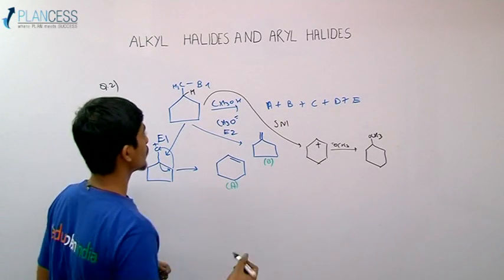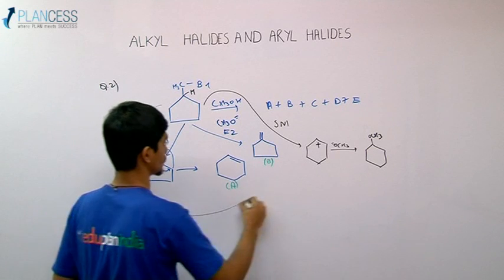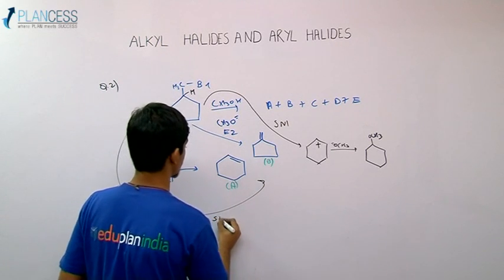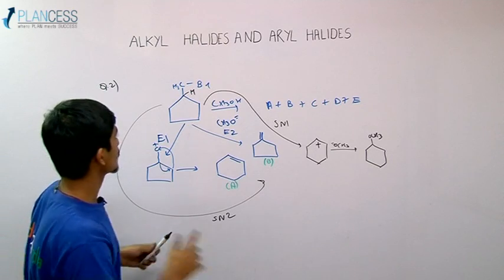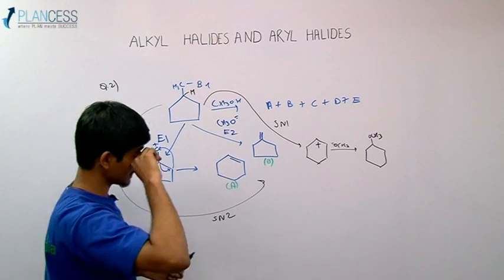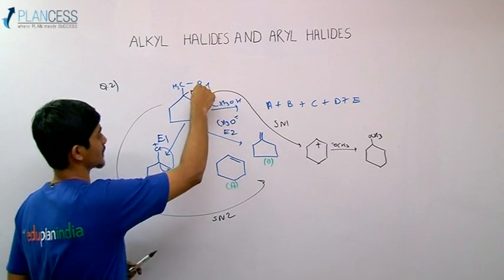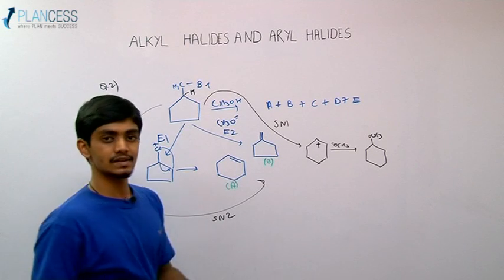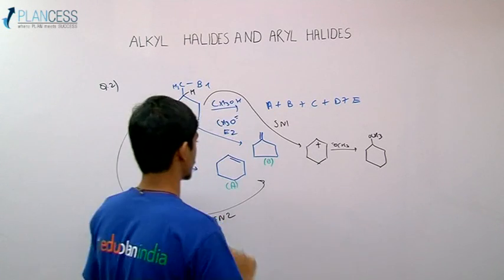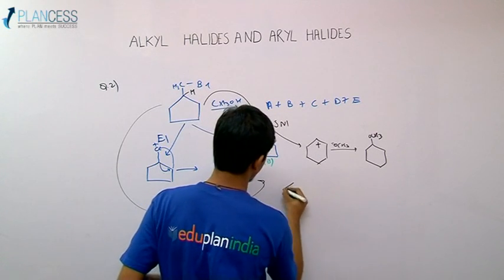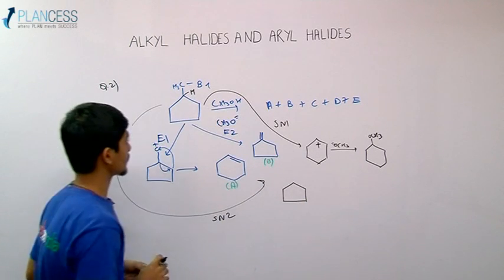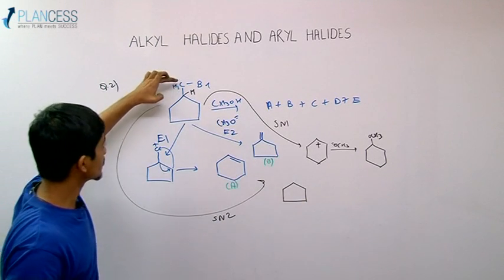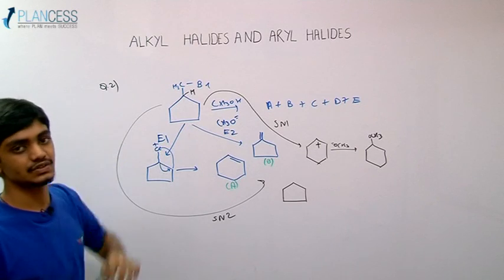Fine. What about the SN2 mechanism? In SN2, we have to substitute this Br with this OCH3 simultaneously. Okay, so let us do it. And in SN2 the carbon configuration changes.